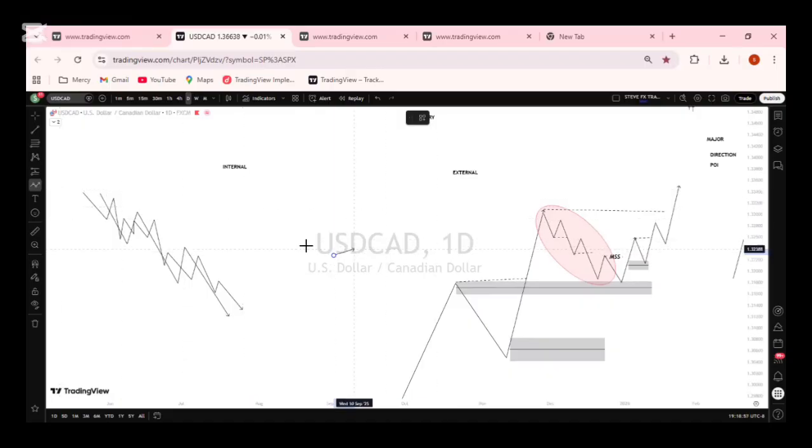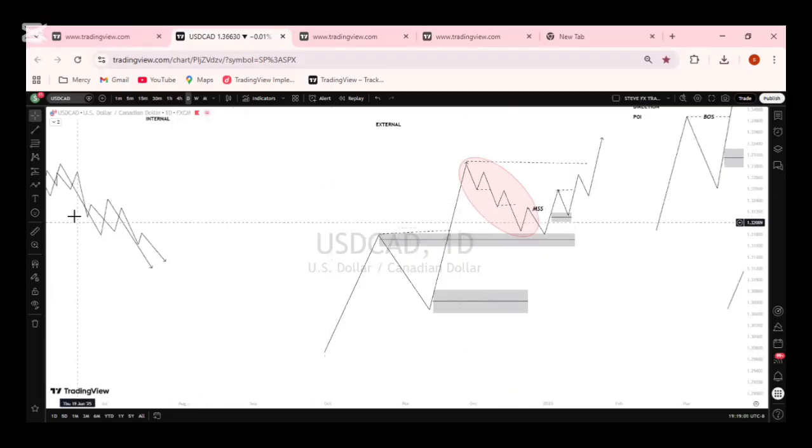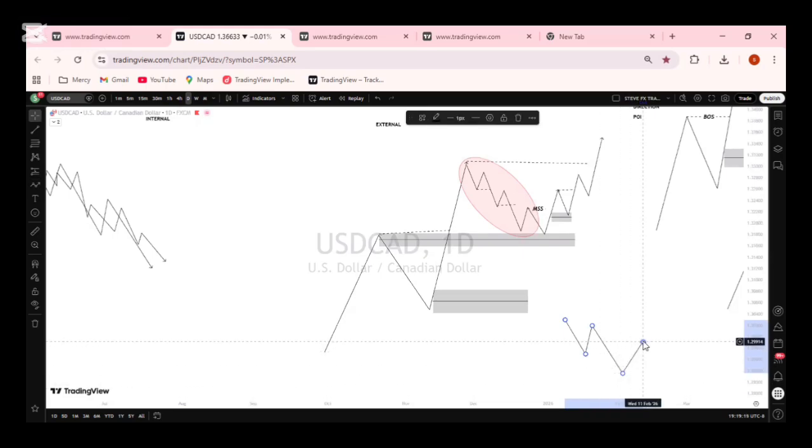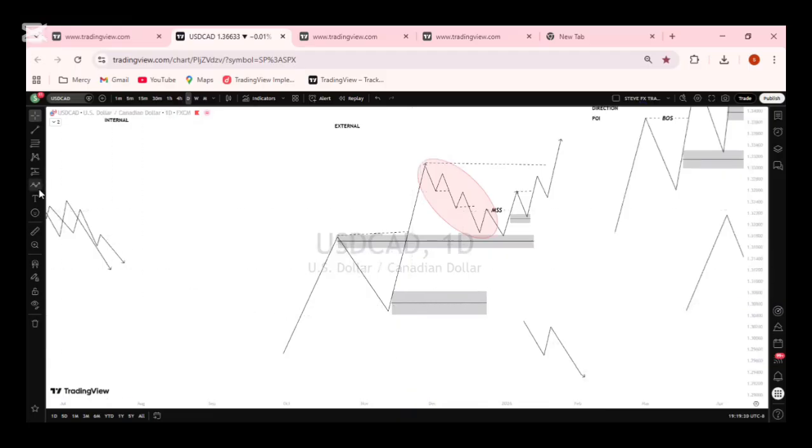So let's say we have a structure like this. With a structure like this, when you go down to your lower time frame, we might see something like this.